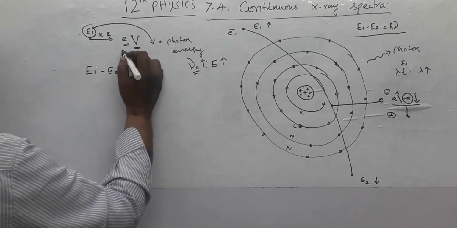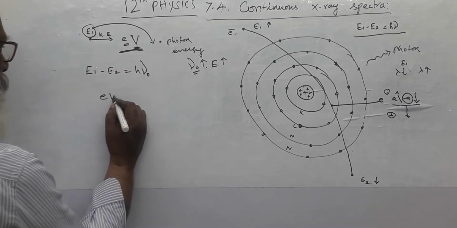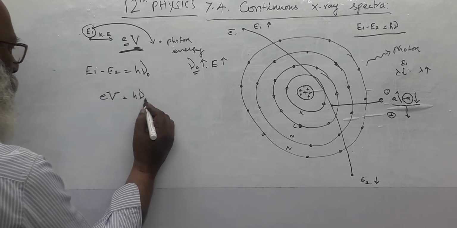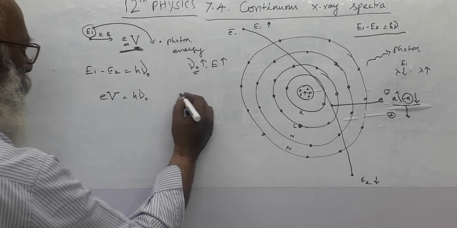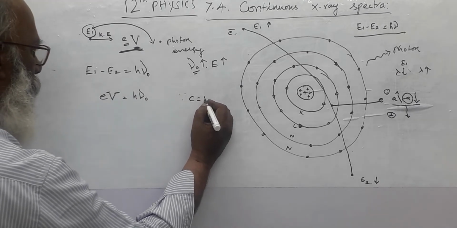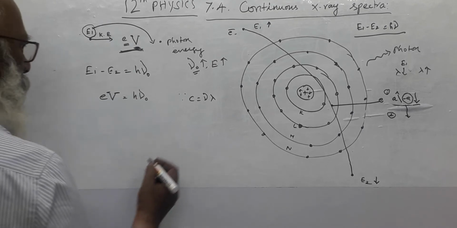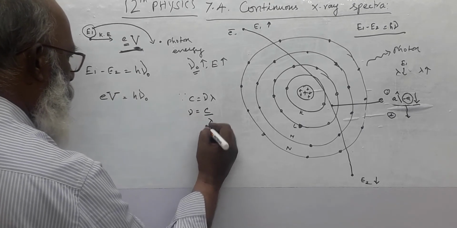But the kinetic energy of the initial electron is eV. That equals h nu naught. We know that c equals nu lambda, or nu equals c by lambda.